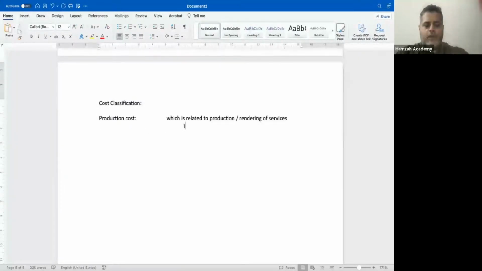If it's related to production, then it's tangible. If it's related to rendering of services, it's going to be intangible, right?